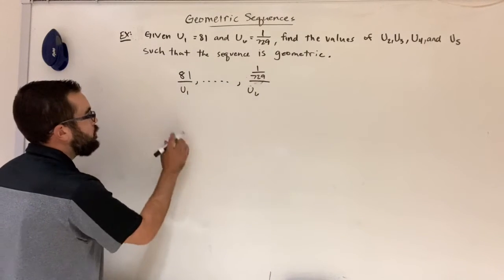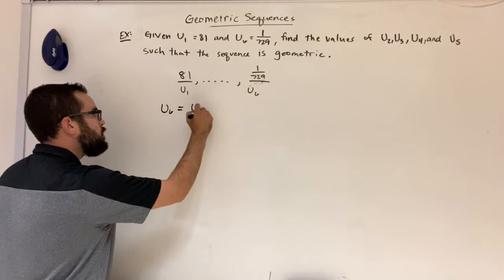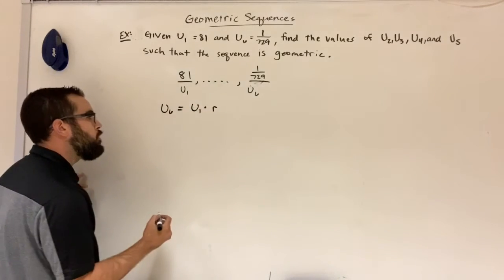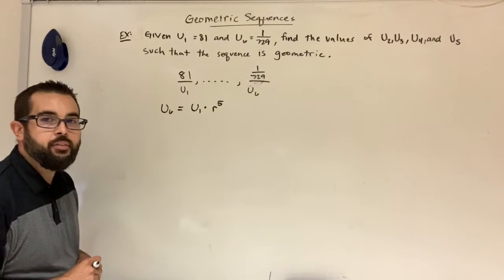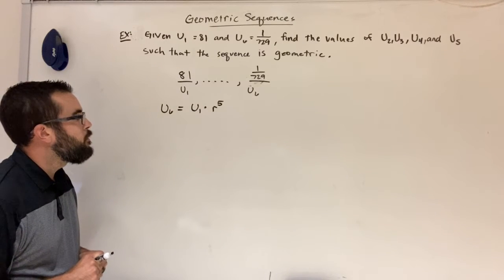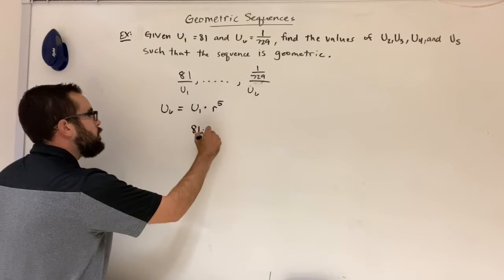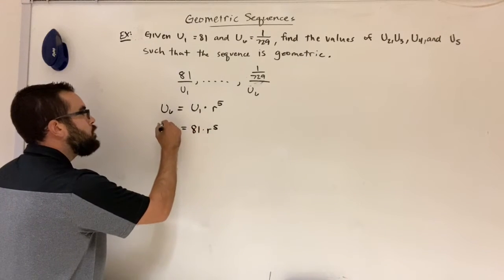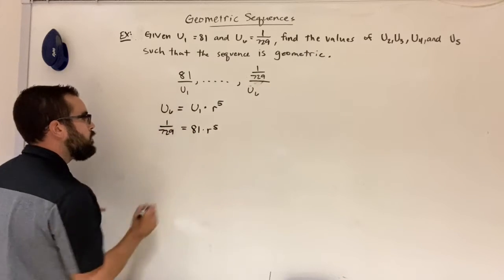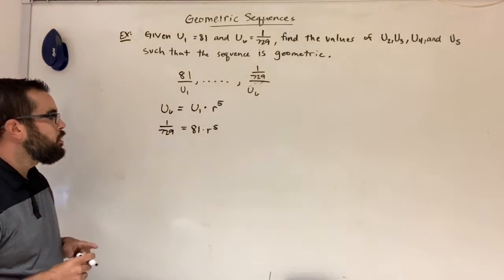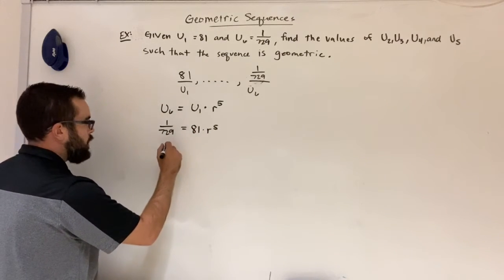So I know that u sub 6 is going to equal u sub 1 times the common ratio 5 times. All right, so now I substitute my values in. I have 81 times r to the 5th is equal to 1 over 729. I need to divide both sides by 81.